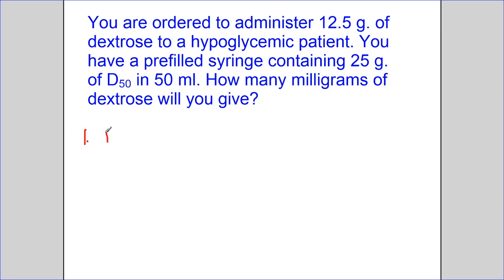We want the desired dose, so in this case, 12.5 grams of dextrose.